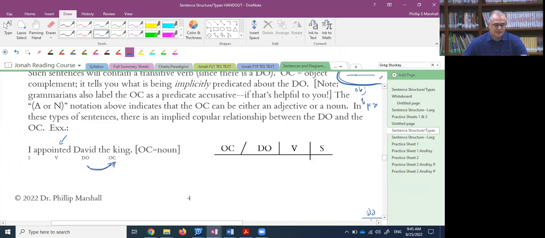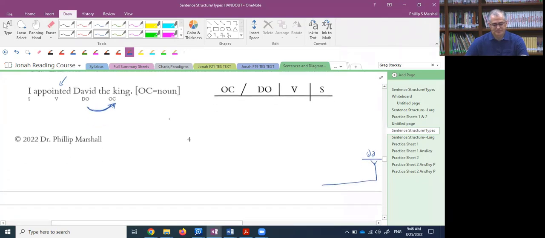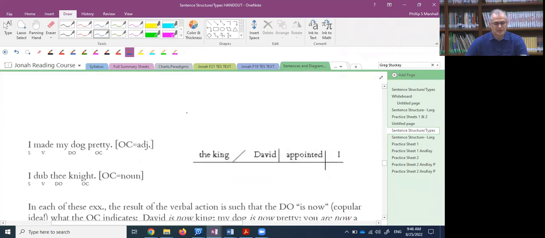David is the king as a result of my appointing. Now, the types of verbs that do this are verbs that have the power, by the verb being carried out, to make things real, but it doesn't always effectuate what it intends. Let me give you a couple of examples, and then I'll give you one where it doesn't happen. I made my dog pretty. Okay, so the verb is made, the dog is the object, and pretty is what I made my dog to be, right?